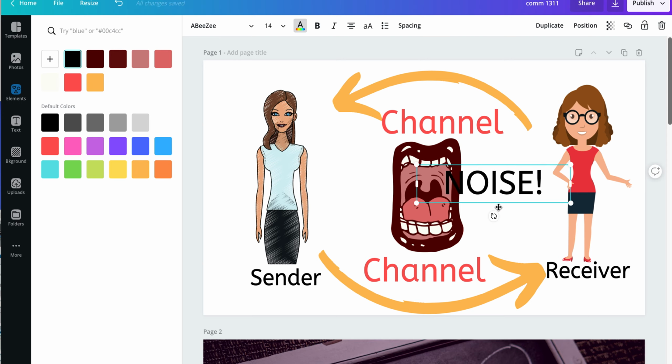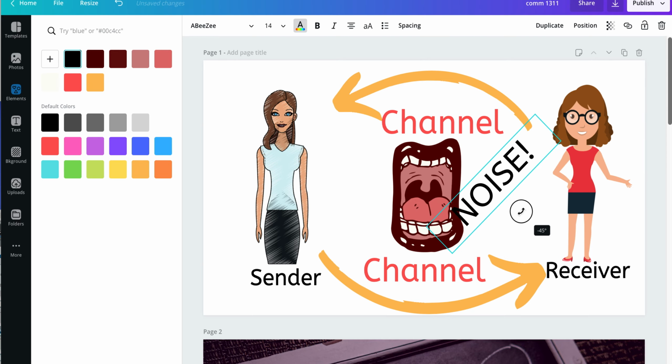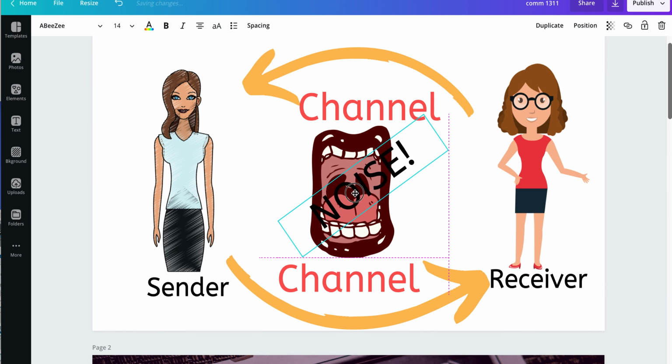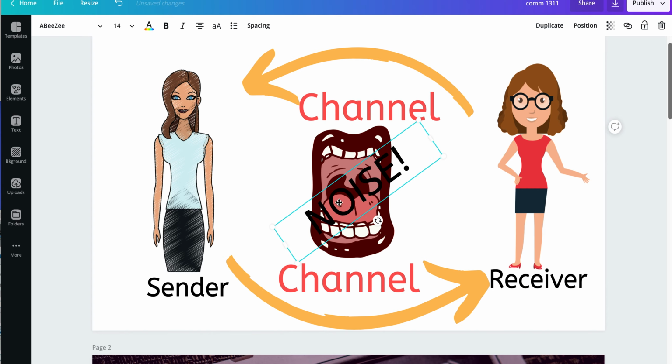Noise, noise. With the noise, that can interfere. Let's see if we can make this a little bit larger. There we are. That can interfere with the message getting from the sender to the receiver or from the receiver to the sender. So I want you guys to keep that in mind.